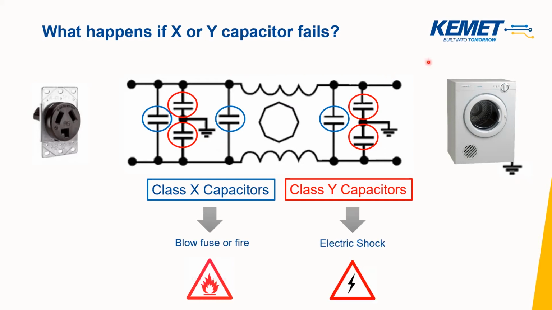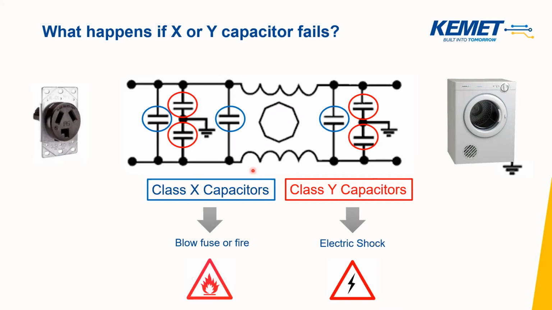So if someone happens to touch some part outside the device or some part on the device that is connected or has some potential relative to ground, then this could lead to electric shocks. So this is why, from a safety point of view, a class Y capacitor is very, very critical. And typically you cannot use a fuse like you use with X capacitors to prevent the failure, or to ensure a safe failure mode.